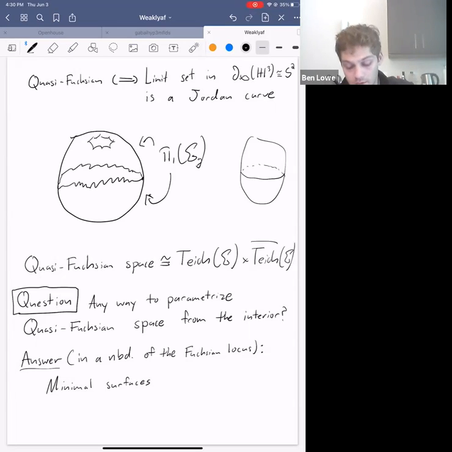Okay, and so to each quasi-Fuchsian manifold, we can look at the 2 ends and the 2 conformal structures that we get through this process of looking at the action of pi1 of the surface on these 2 complementary open disk regions. And we get 2 points in Teichmuller space that are the conformal structures of the quotients when you mod out by pi1 of the surface under this action on these 2 complementary open disk regions.